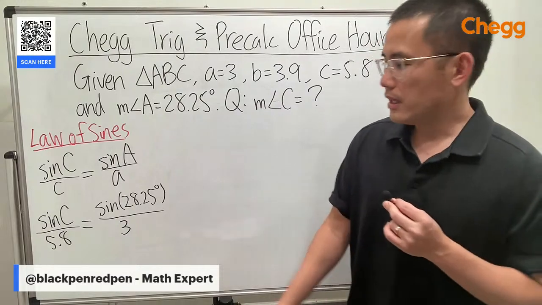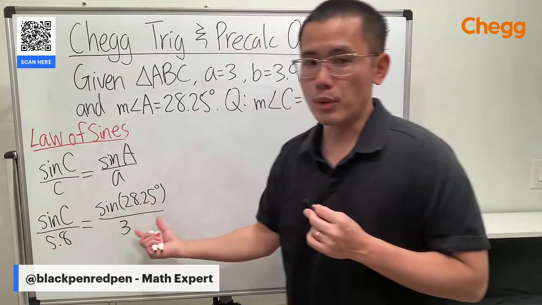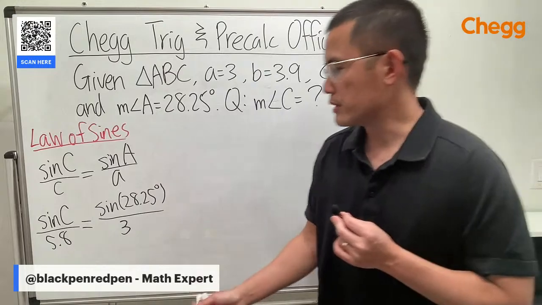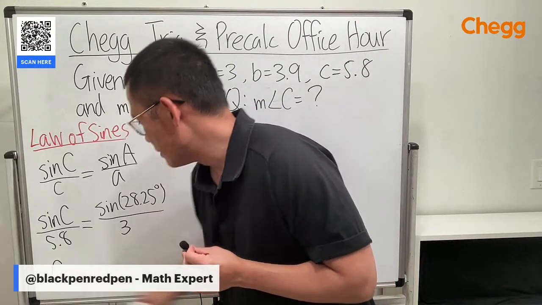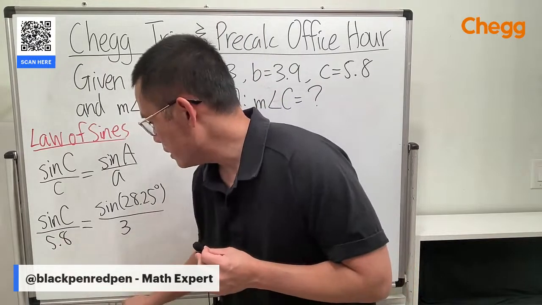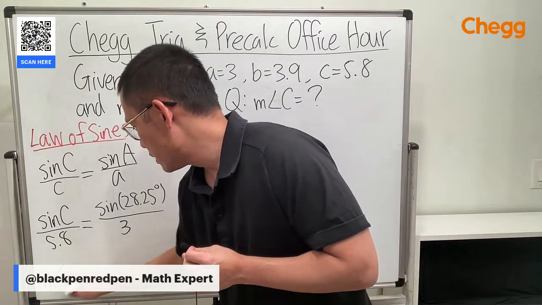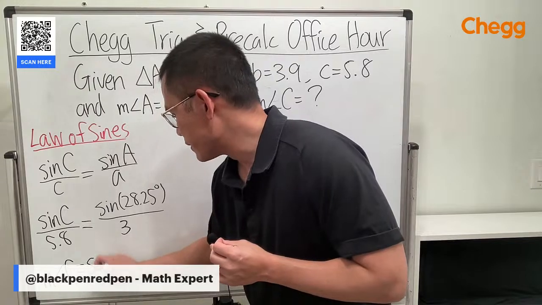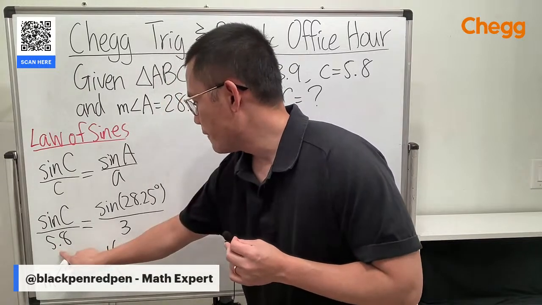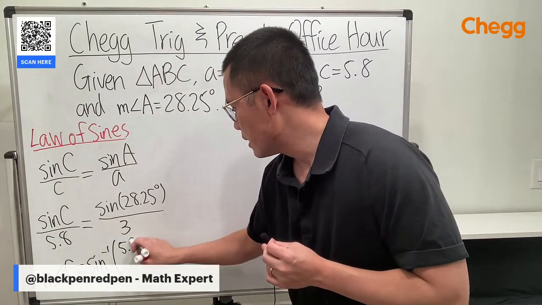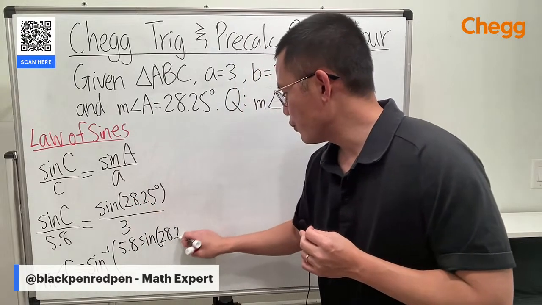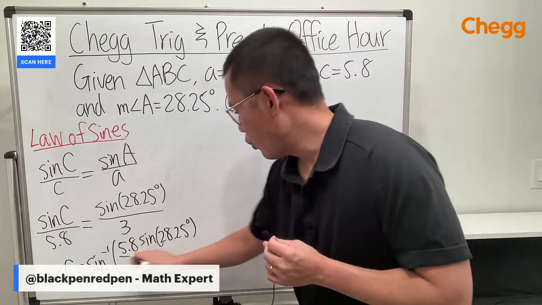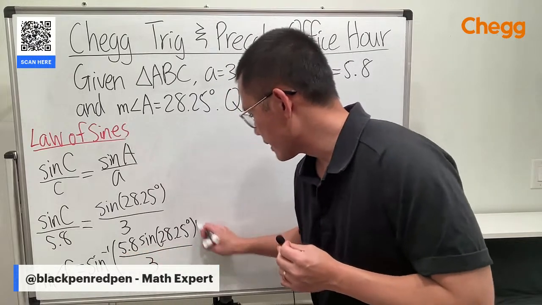Now check this out. I'm going to multiply 5.8 to both sides and then take the inverse sine of both sides. So you can see that C, the measure of angle C, equals the inverse sine of 5.8 times sine of 28.25 degrees over 3.